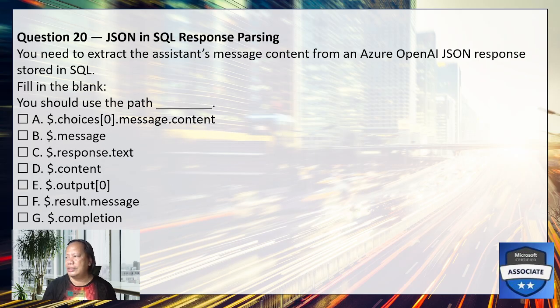Last question for this series. You need to extract the assistant message content from an Azure OpenAI JSON response stored in SQL. Fill in the blank. You should use the path A, $.choices[0].message.content, B, $.message, C, $.response.text, D, $.content, E, $.output[0], F, $.result.message, or G, $.completion.